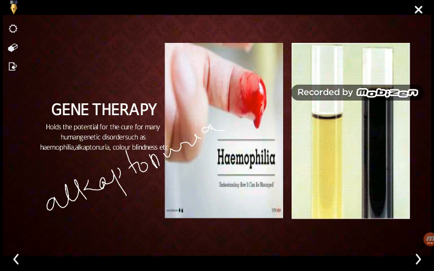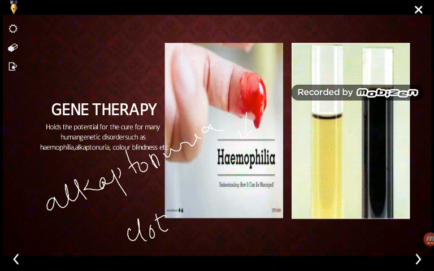You have already heard of hemophilia. What is hemophilia? Hemophilia is one of the most commonly inherited genetic disorders, a type of inherited genetic disorder in which the blood doesn't clot. Here in this image, the blood doesn't clot, or clot formation doesn't take place, and because of this excessive bleeding occurs after any type of injury or damage.